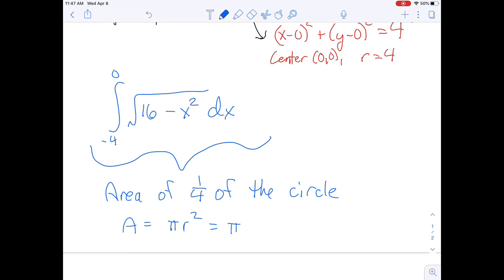In this case, our radius is 4, and I want to take 1/4 of that. So this will be 1/4 of pi r squared, and I could go ahead and simplify this to just be 4 pi. If I had had the region below the x-axis, I would make it a signed area and go with a negative sign there.